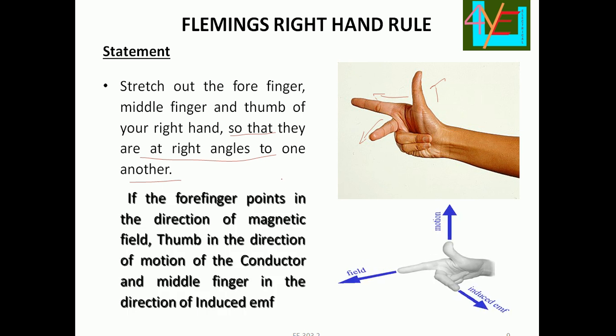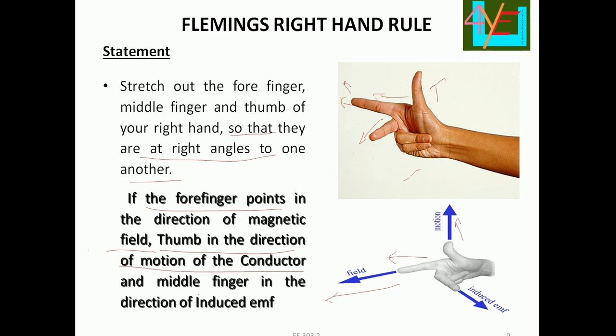The forefinger points in the direction of the magnetic field. The thumb indicates the motion of the conductor.